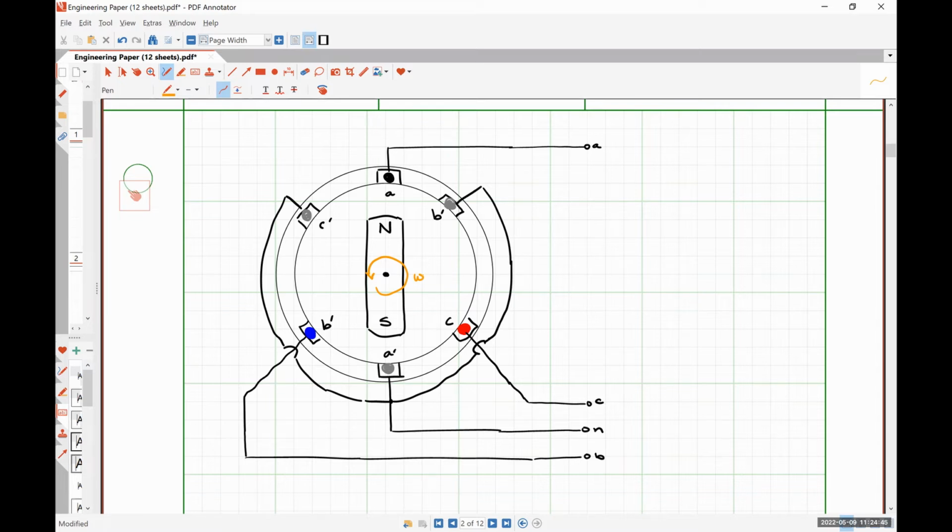But what's happening here is that when the north pole of our rotor is aligned with coil A, it is experiencing its largest amount of magnetic flux. And thanks to Faraday's law of induction, that means that the largest voltage between terminals A and N is being induced.